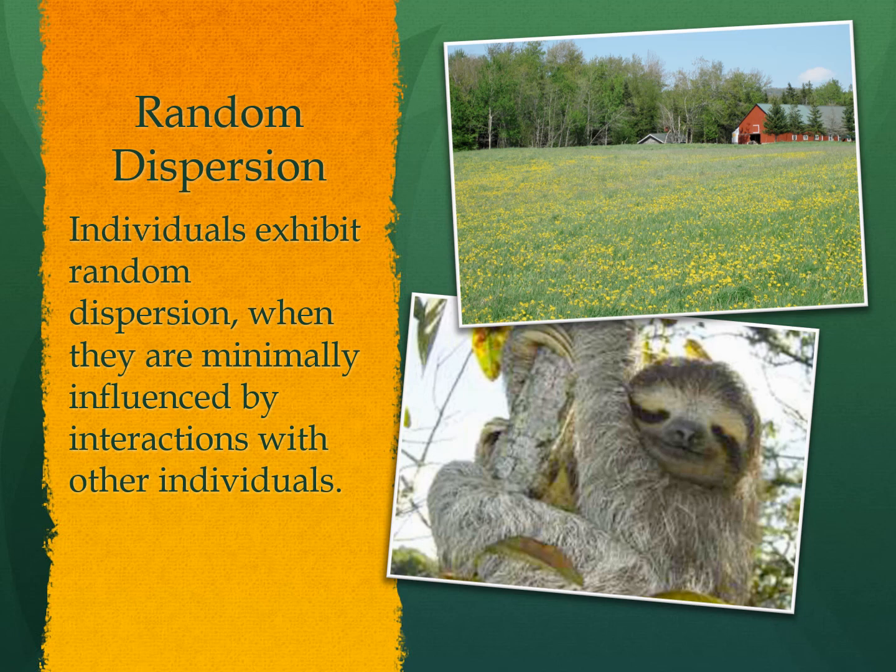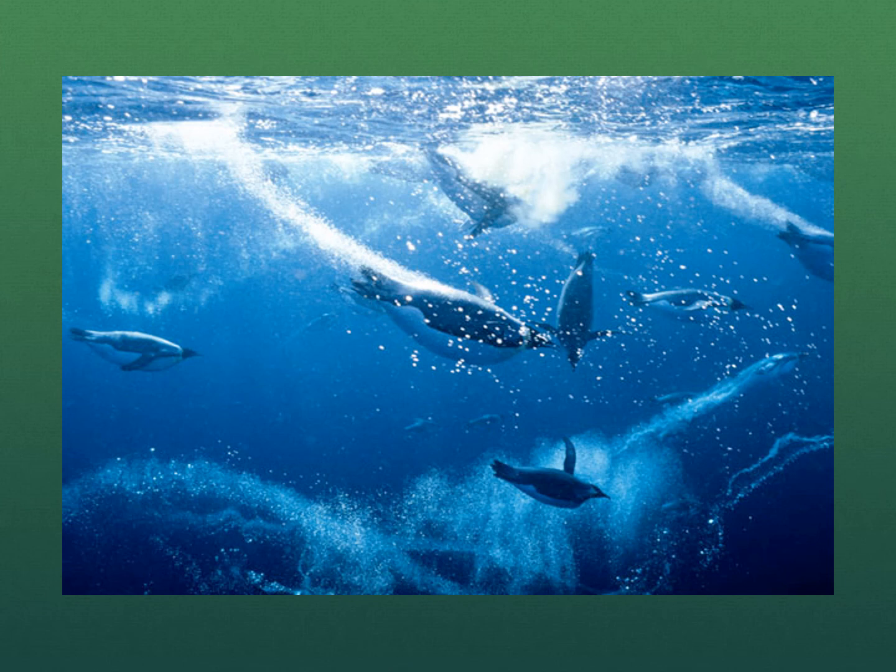They don't compete with other members of their own species for resources, and they don't really impact one another. So they spread themselves out into a population in any particular distribution. And back to emperor penguins. When emperor penguins are feeding, they are randomly dispersed throughout their environment at that time.